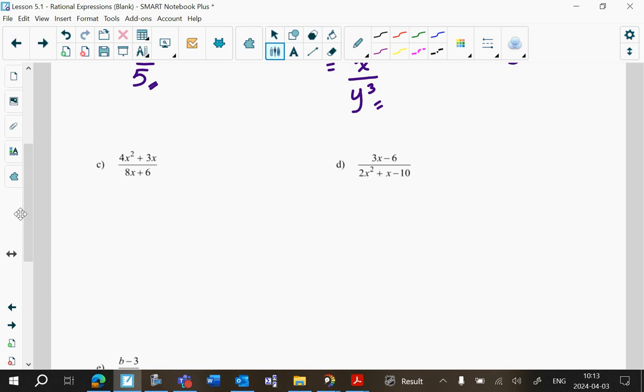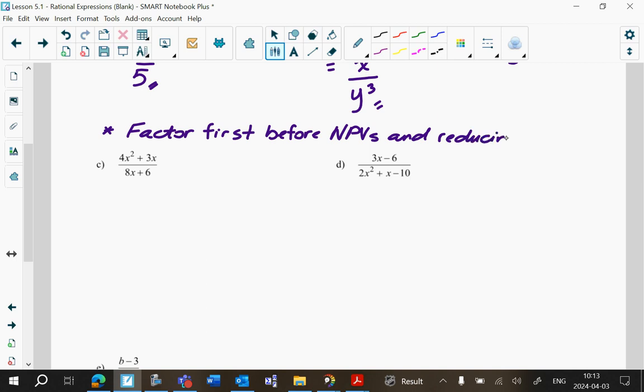Okay, so factor first before stating the non-permissible values and reducing. I didn't have to worry about that in the above two because there was no factoring done. But once you start seeing multiple terms in the top and bottom, that's usually when factoring is going to happen.